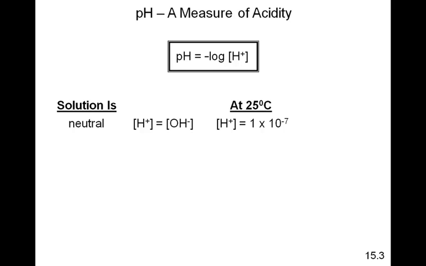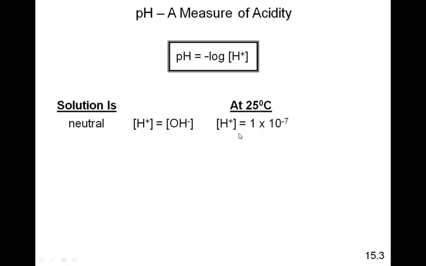And of course, if you remember, the Kw is equal to, at 25 degrees Celsius, 1 times 10 to the negative 14, which would make sense, because 1 times 10 to the negative 7th times 1 times 10 to the negative 7th comes out to be 1 times 10 to the negative 14th.